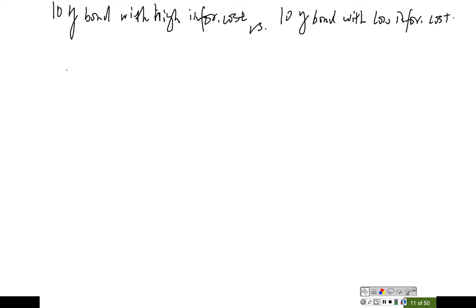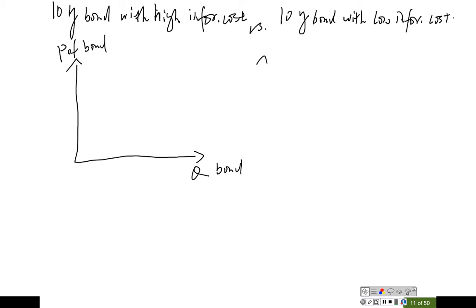We can use the supply and demand model for a bond. So draw the supply and demand curve for each bond.